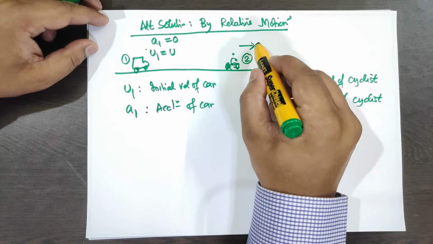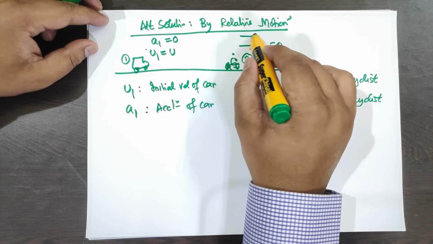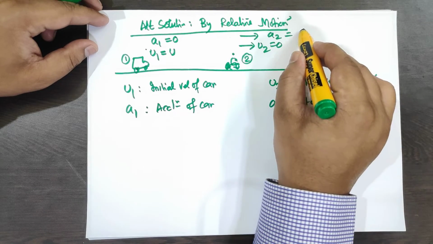So u2 is equal to 0 and a2 is equal to a.